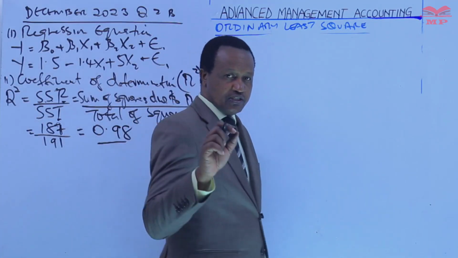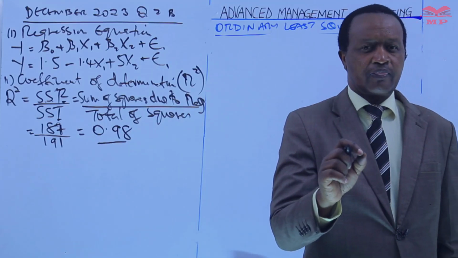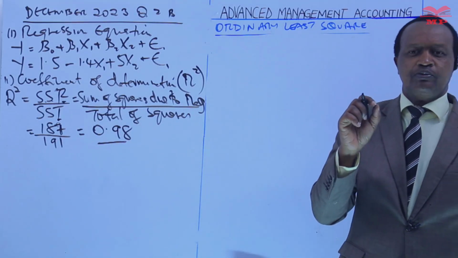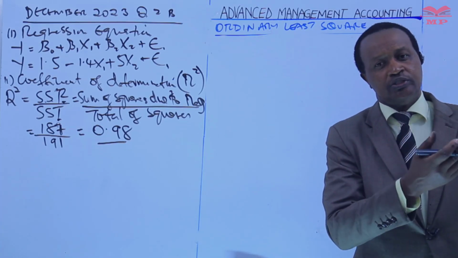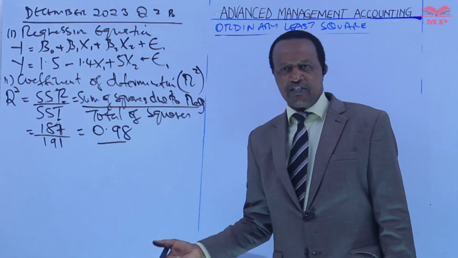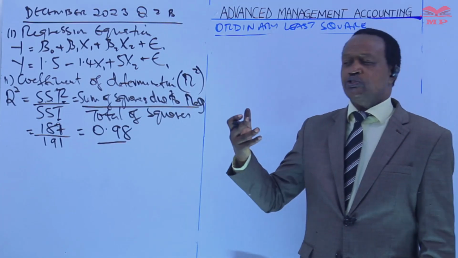And we've said that the coefficient of determination is a statistical measure that indicates the proportion of the variance in the dependent variable cost that is explained by the independent variables, which are the cost drivers in the regression model.